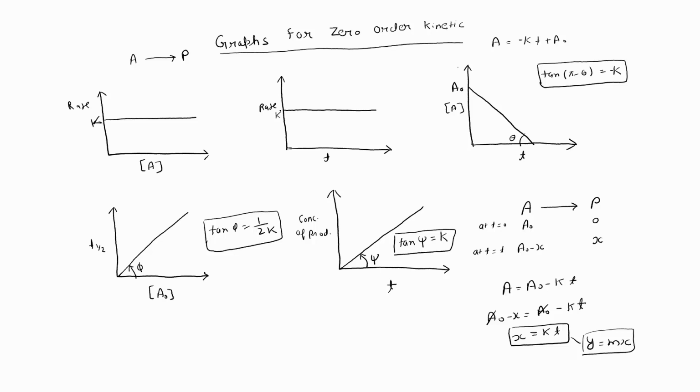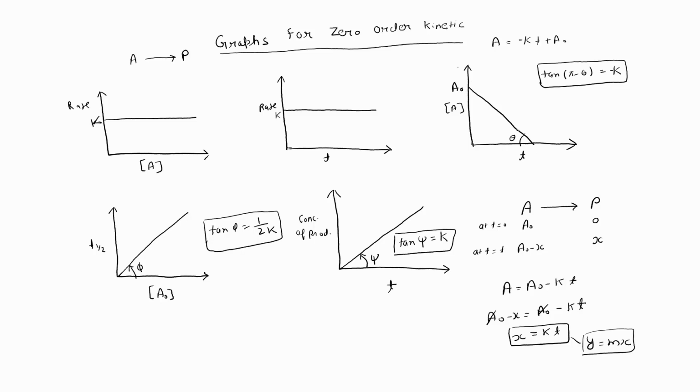And concentration of A decreases as time increases because reactant is consumed and product forms. Since A decreases at a constant rate, we have a straight line with a negative slope.